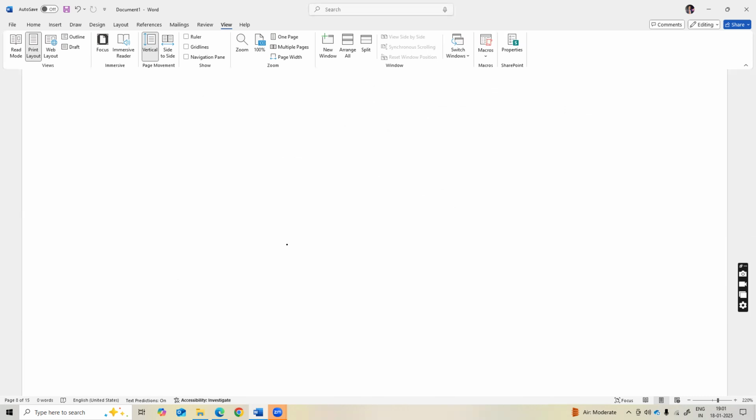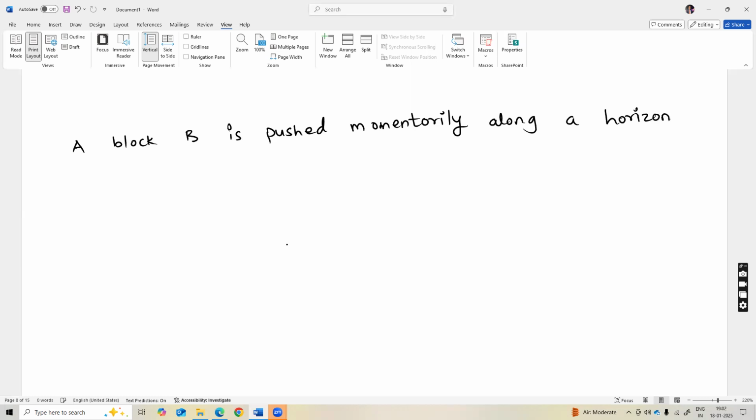A block B is pushed momentarily along a horizontal surface with an initial velocity v.